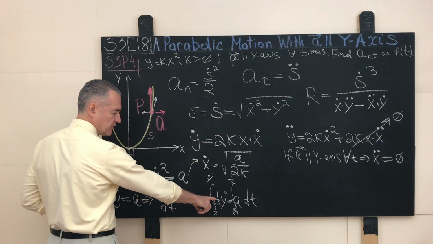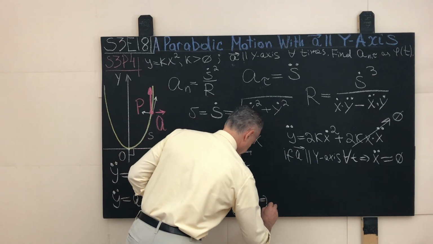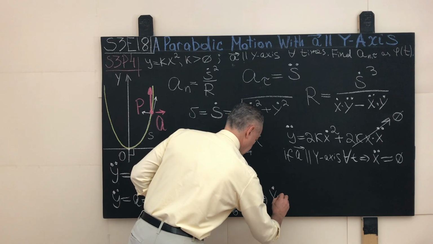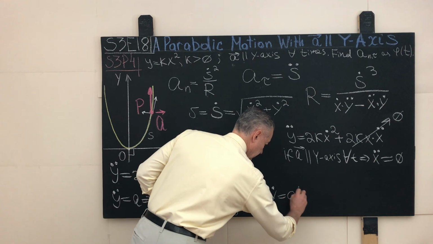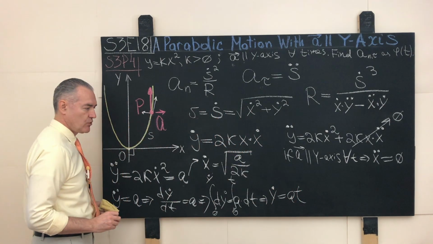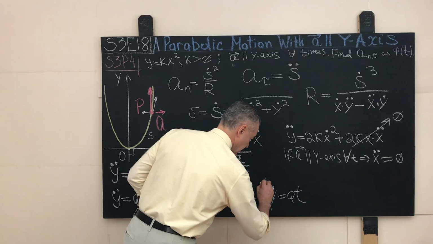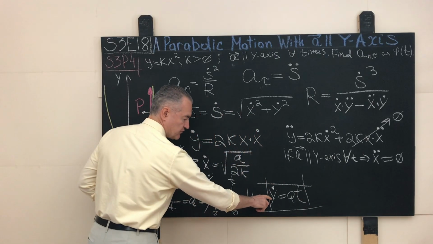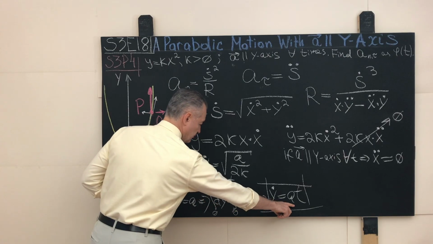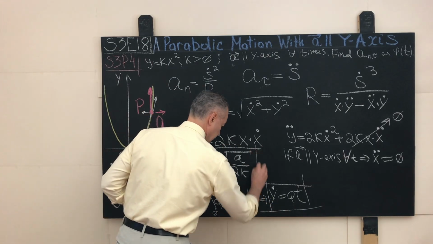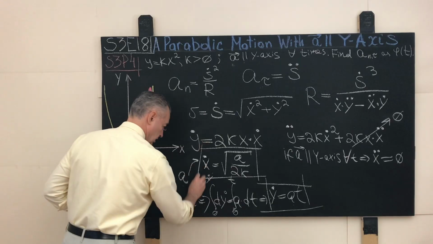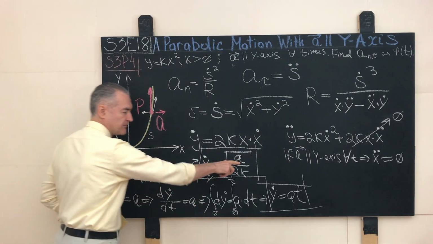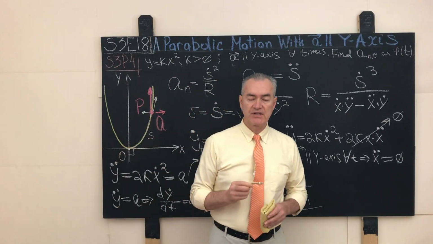So what do we have here as a result? As a result, we have y dot is equal to a times t, and voila, we have our two expressions. We have the expression for the first derivative of the y component as the function of time, and we have our expression for the first derivative of the x component as the function of time.